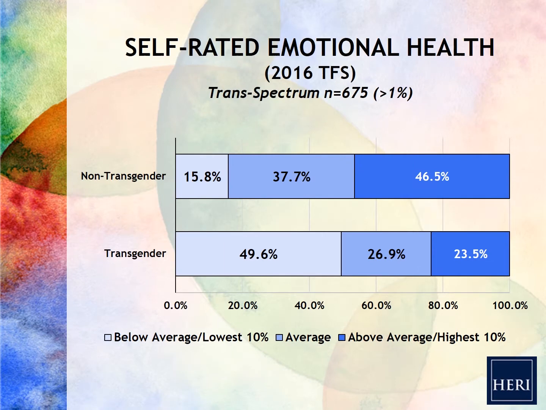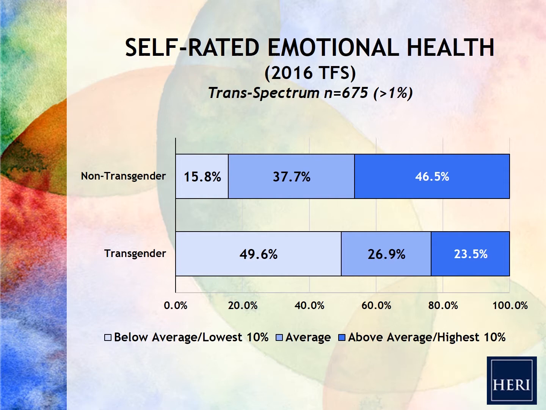For the transgender students, half of all transgender students are putting themselves in the below average or lowest 10% category in emotional health compared to their peers. So again, combined with the other items I talked about, the students are coming in with significant needs, and the campuses have to be prepared and trained, and the services have to be available and accessible to all students. Next slide, please.